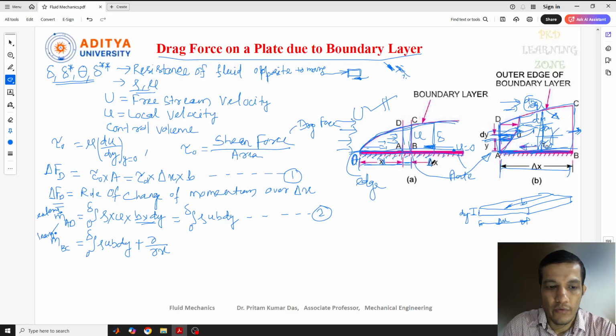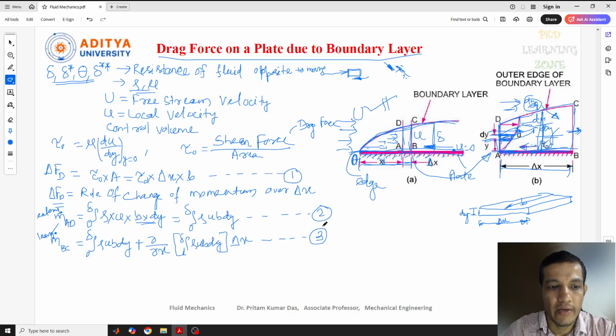If we derive this, we can write it as del by del x of the integration from 0 to delta of rho u B dy, with respect to the length delta x. This is the mass rate of flow which is leaving the BC side.